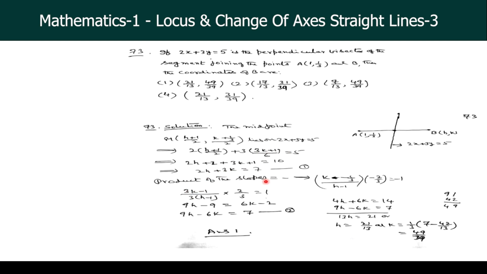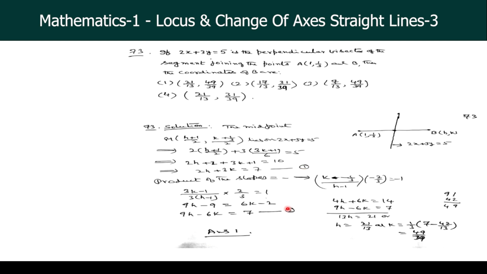Now the product of the slopes is equal to minus 1. The slope of AB and the slope of the given line multiply to minus 1. If you apply that rule, then you will get 9h minus 6k is equal to 7. So in the above you already got 2h plus 3k is equal to 7, and here by equating the product of slopes to minus 1, you will get 9h minus 6k is equal to 7.